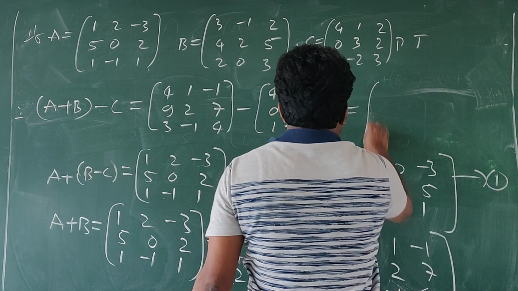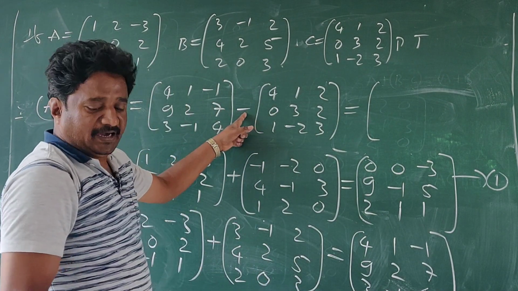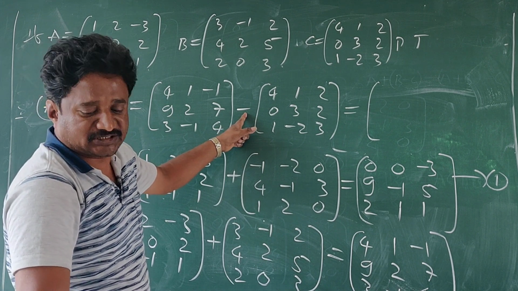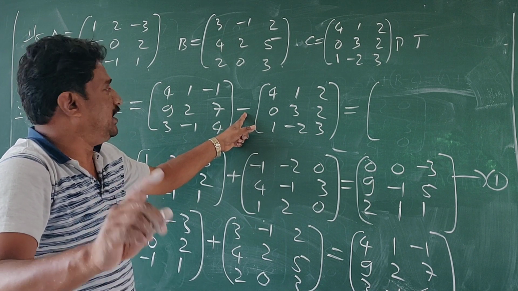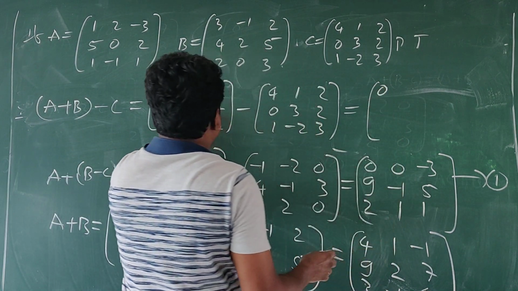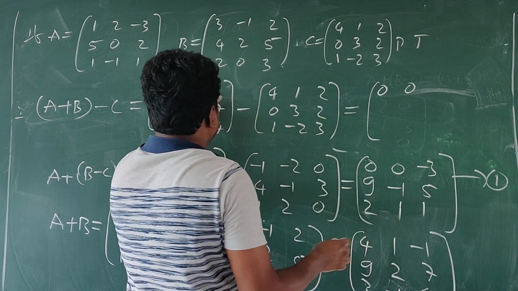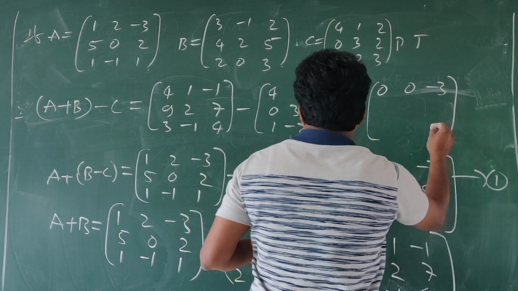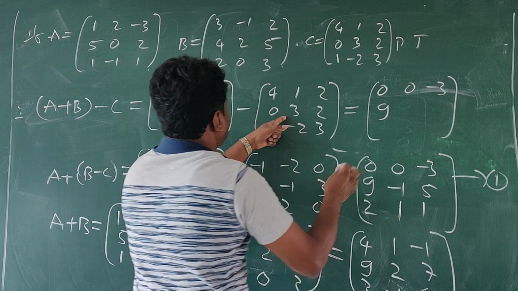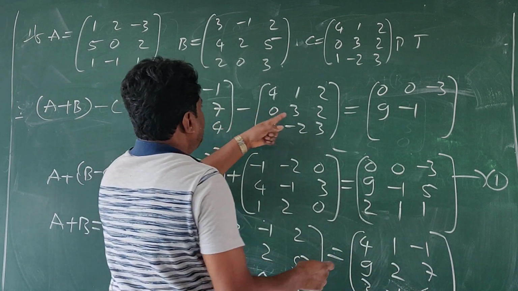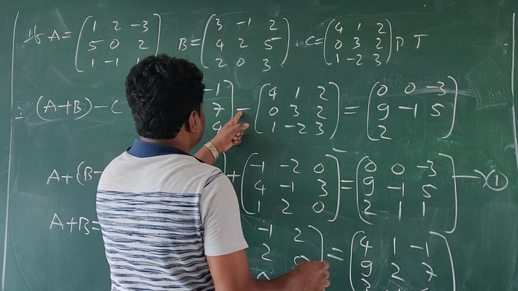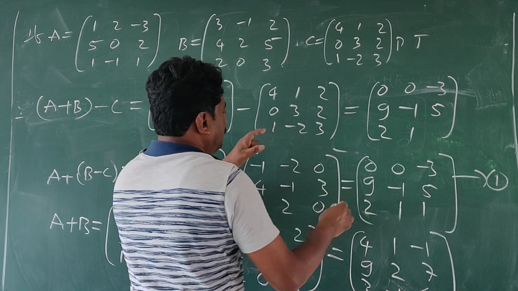Minus means we need to perform subtraction. 4 minus 4 is 0. 1 minus 1 is 0. -1 minus 2 is -3. Next, 9 minus 0 is 9. 2 minus 3 is -1. 7 minus 2 is 5. 3 minus 1 is 2. -1 plus 2 is 1. 4 minus 3 is 1.